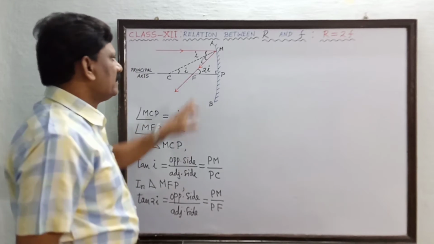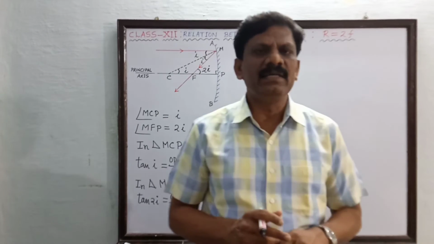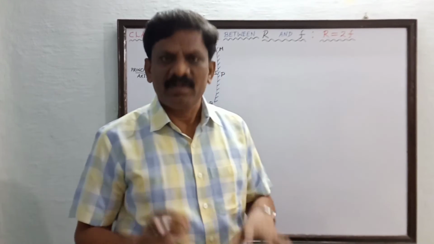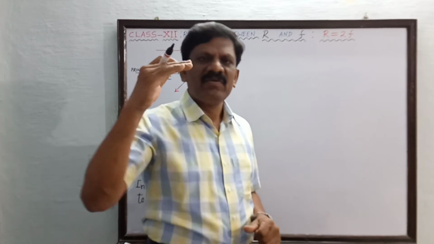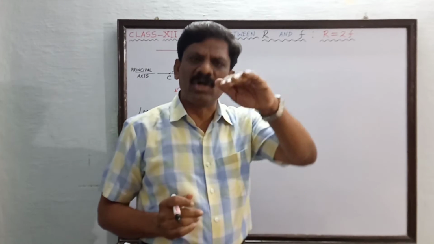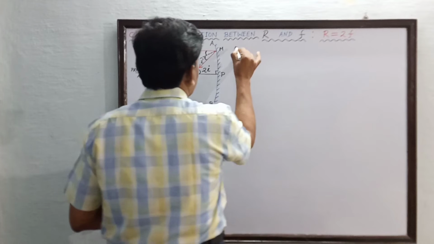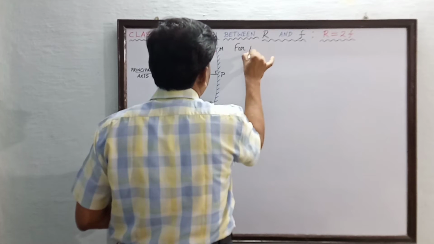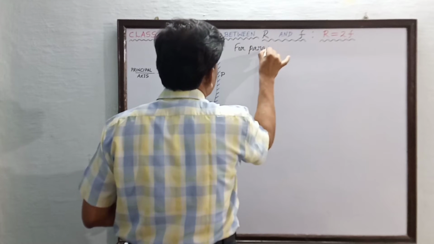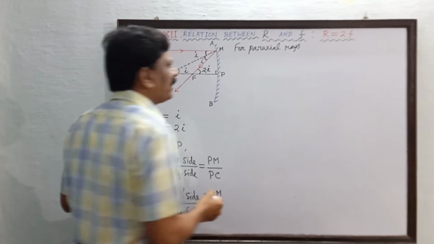These two angles I and 2I are very small because these rays which are traveling parallel to the principal axis are very close to the axis also. Such rays are called paraxial rays, which are traveling closer to the principal axis.